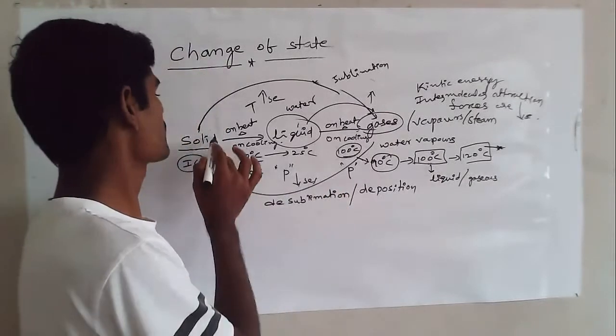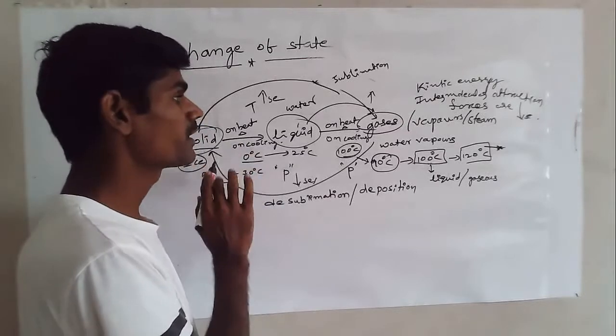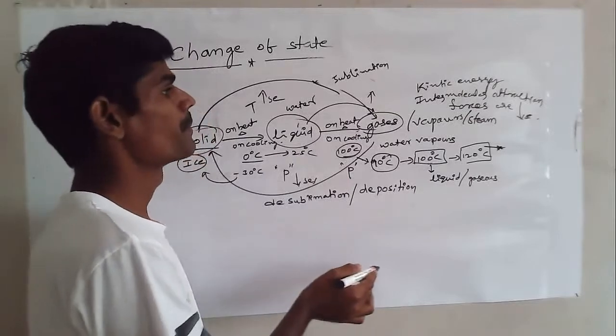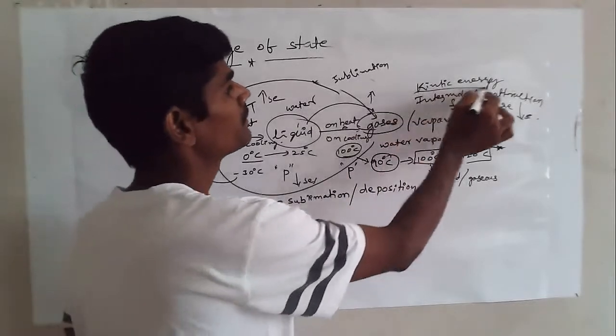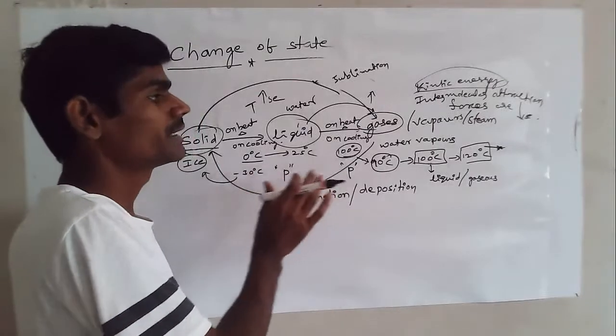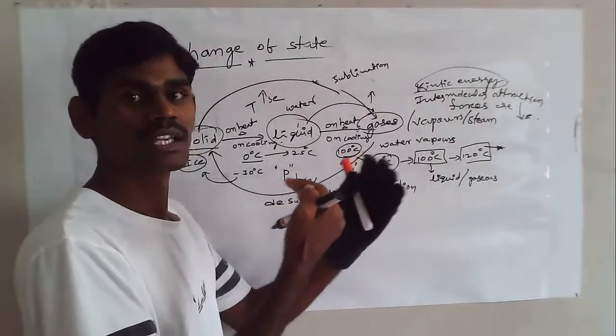So that's why the liquid particles which are tightly packed in the container become loose by the increase of kinetic energy. It means slowly the particles are going away from each other.